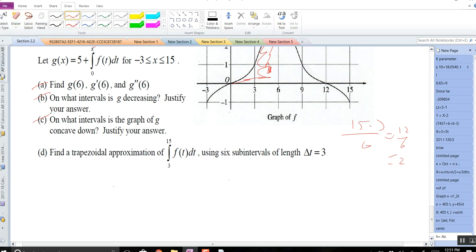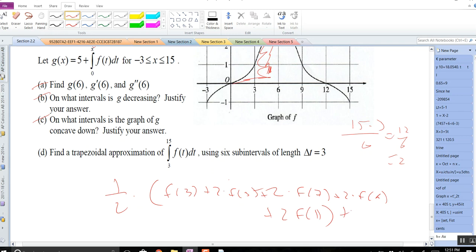Now, if we erase it, what you're doing is 1/2 times f of 3 plus 2 times f of 5 plus 2 times f of 7 plus 2 times f of 9 plus 2 times f of 11 plus 2 times f of 13 plus f of 15.